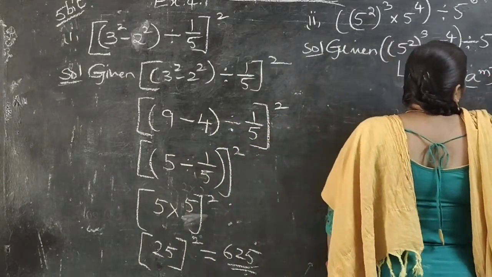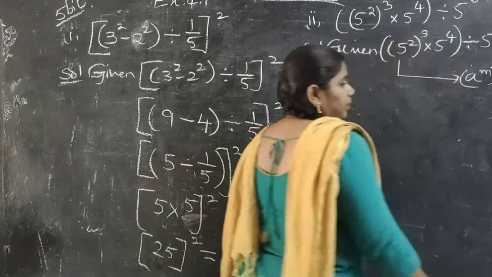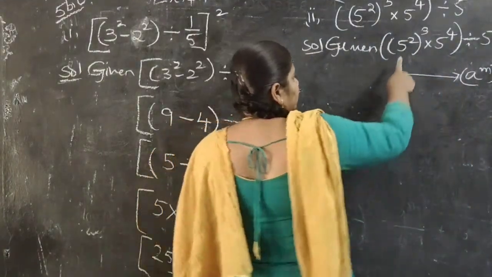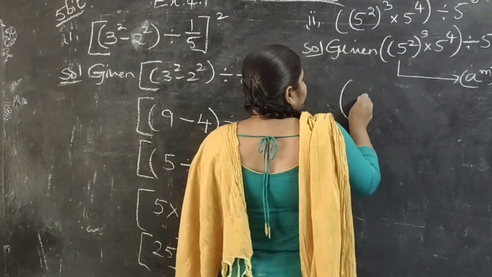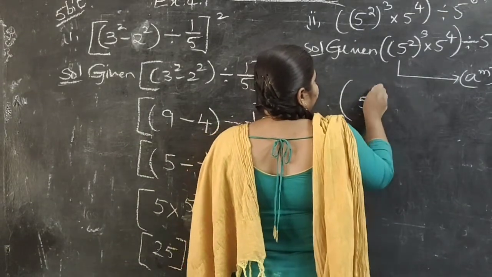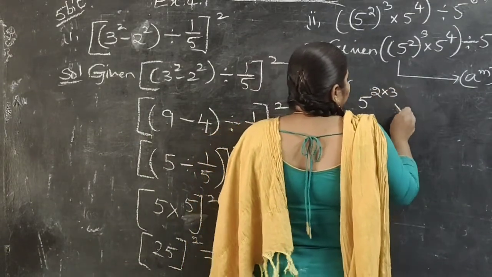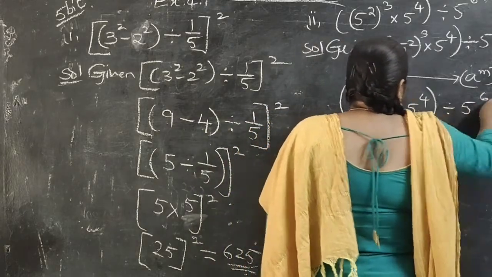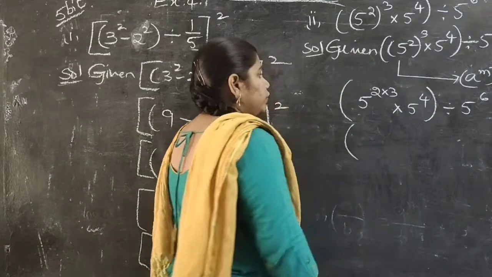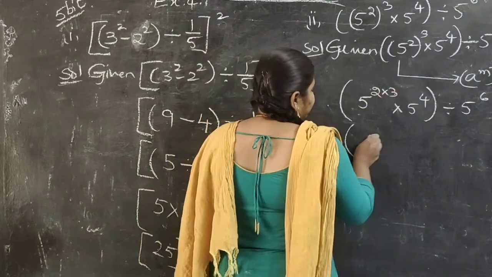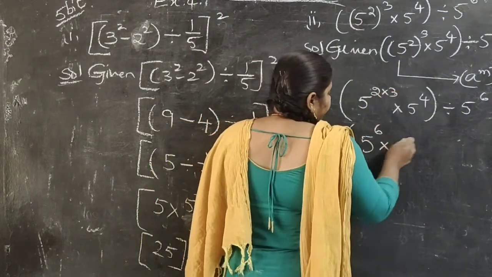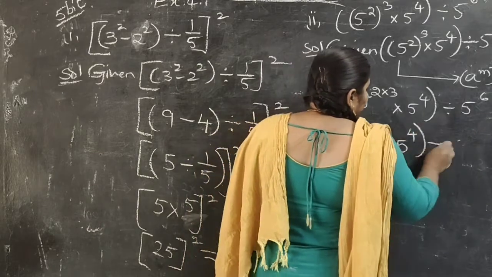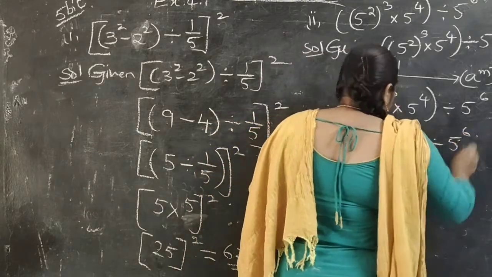So what is the formula? a power m whole power n is a power m into n. So first you convert this, that is we can write it as 5 power 2 into 3 into 5 power 4 divided by 5 power 6. So 5 power 2 into 3 will be 2 3s are 6, that is 5 power 6 into 5 power 4 divided by 5 power 6.